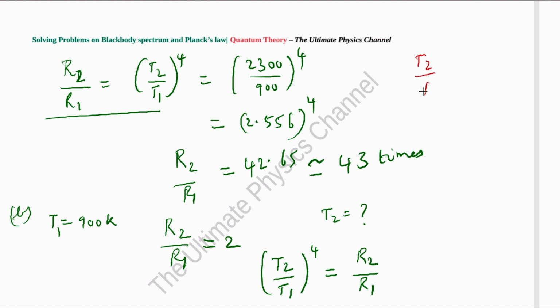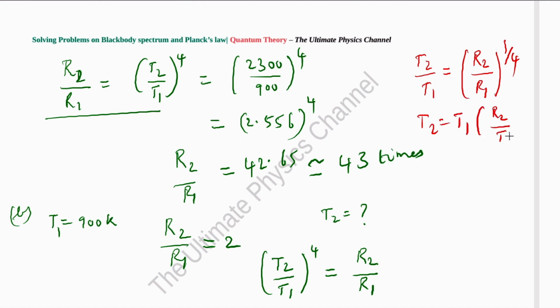T2 over T1 is therefore equal to R2 over R1 power 1 by 4, or T2 is equal to T1 times R2 over R1 power 1 by 4.